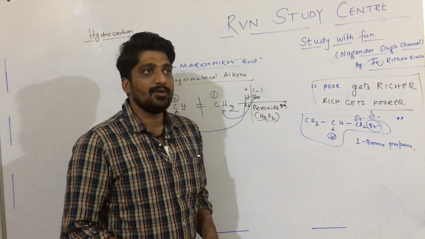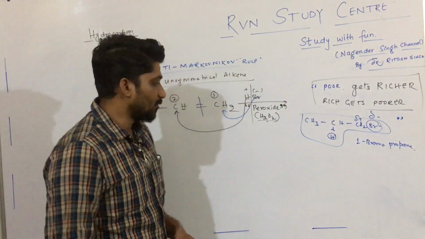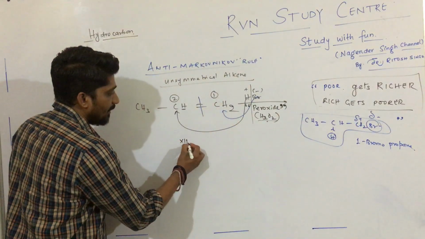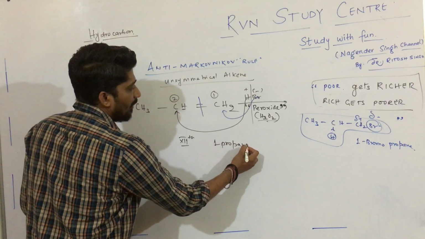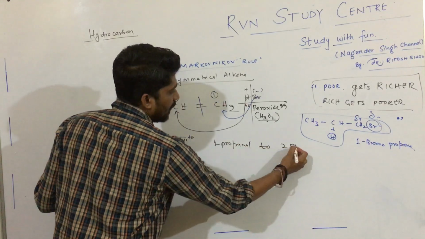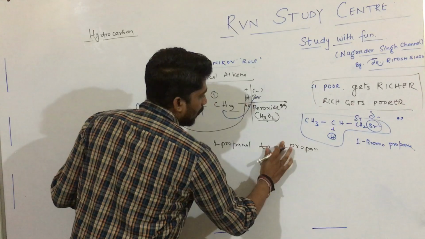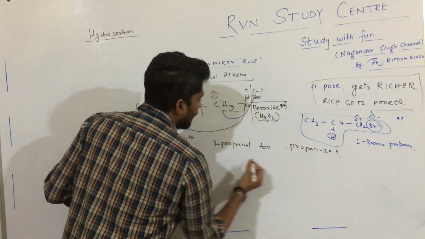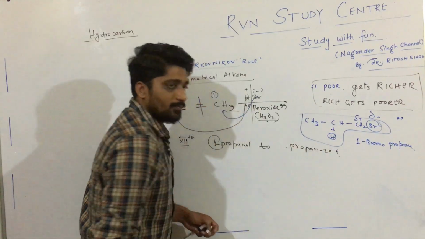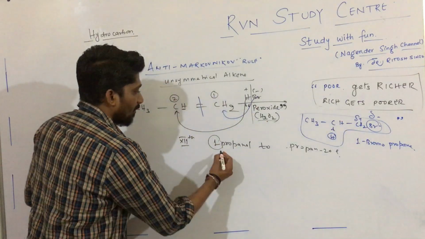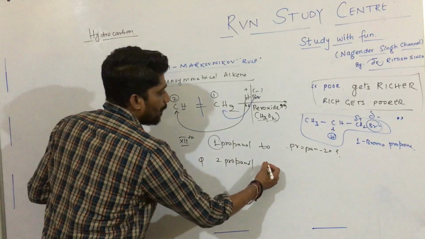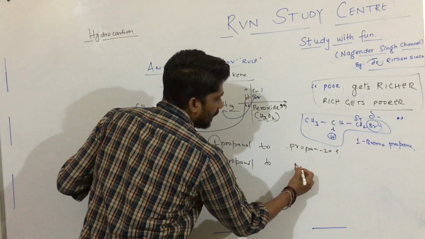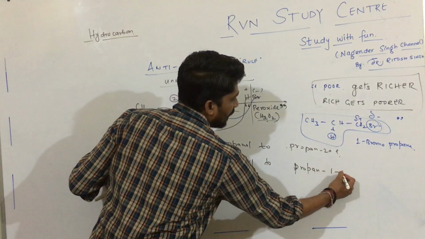Before ending the video, I will show you where it is used. In class 12th, you will be asked to convert 1-propanol to 2-propanol or vice versa. So whenever you see 1 to 2, that is Markovnikov. Suppose your question is 2-propanol to propan-1-ol.